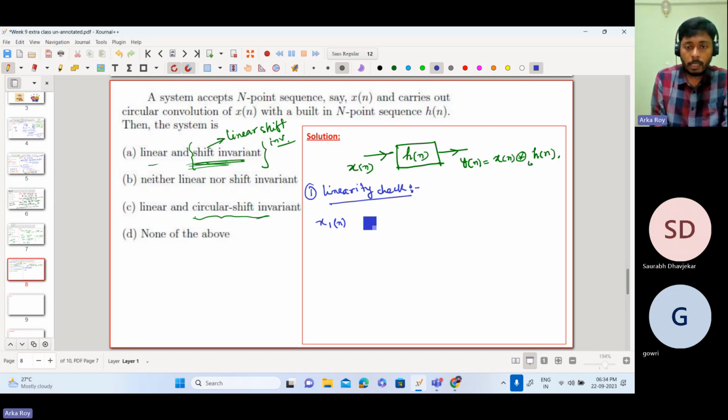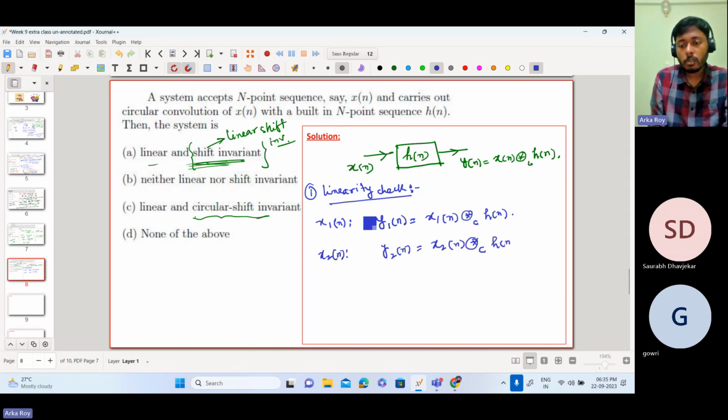So given x1[n] as the input of the system, the output y1[n] will be equal to x1[n] circularly convolved with h[n]. The built-in sequence will not change, because the system has the built-in sequence h[n]. And when x2[n] is provided as an input, output y2[n] equals x2[n] circularly convolved with h[n].